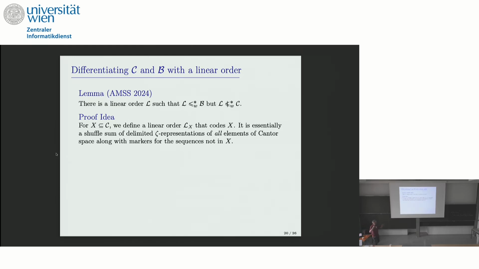And this is where I'm going to start waving my hands more, because, like I said, all the computability and linear order stuff we needed was just handed to us. This was well known. We can code a subset of Cantor space into an uncountable linear order using what's called a zeta coding, using copies of zeta as delimiters, and encode all elements of Cantor space along with markers telling us which ones are in X and which ones are not.